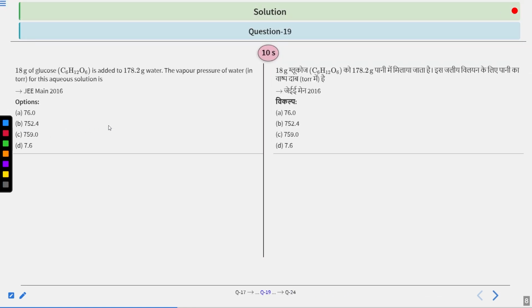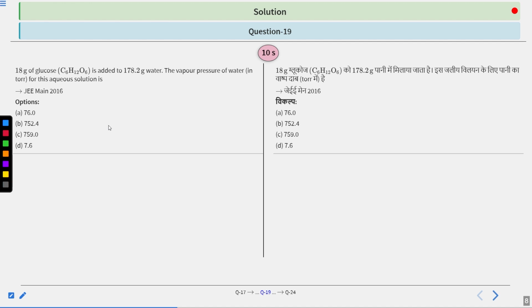Question number 19. 18 gram of glucose, C6H12O6, is added to 178.2 gram of water. The vapor pressure of water for this aqueous solution is, your options are 76 torr, 752.4 torr, 759.0 torr and 7.6 torr, because the pressure is in torr. Clear?